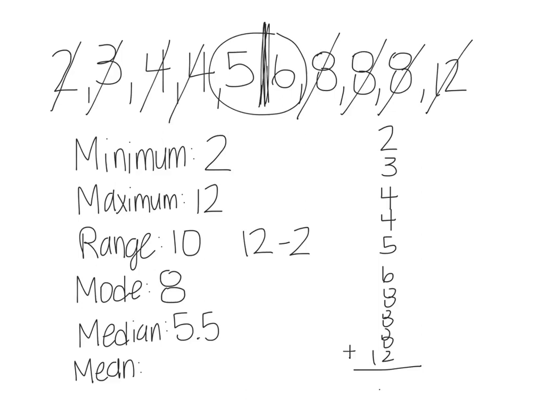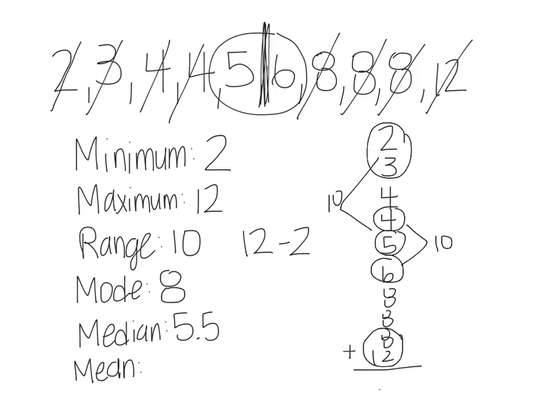For example, I know that 6 and 4 make 10. What else can I do? Well, I know 2 and 3 is 5. 5 plus 5 is another 10. I know 8 and 12, that makes 20.